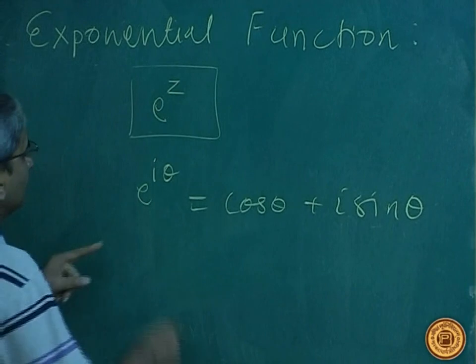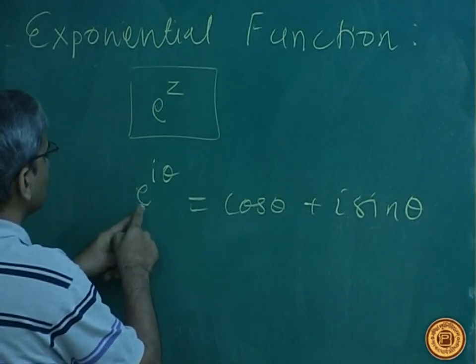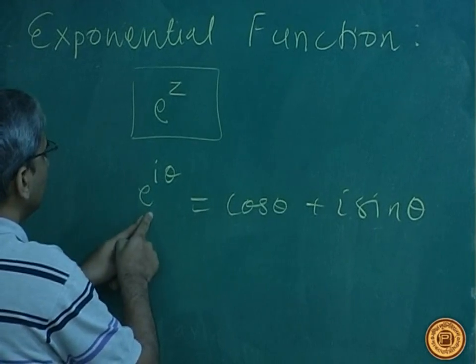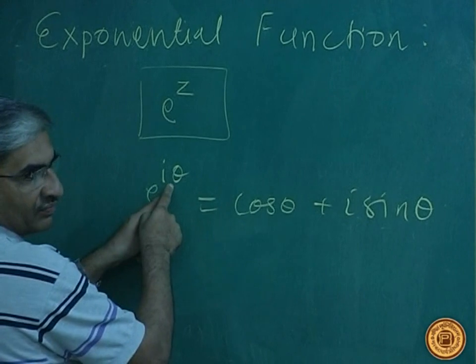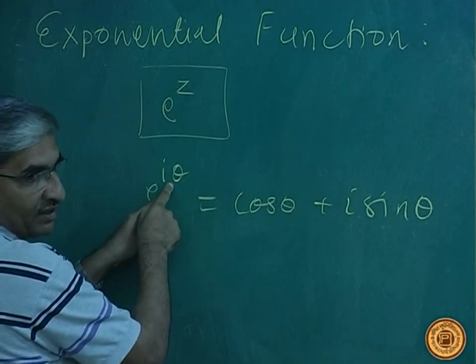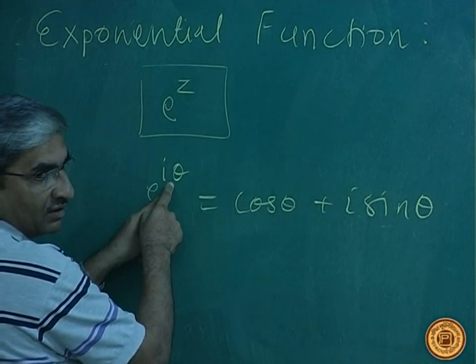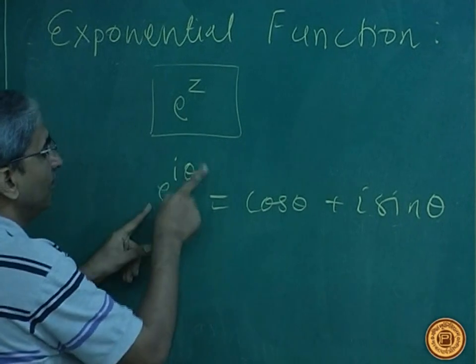But then how do we interpret this? Because the left hand side is e to the power a complex number. What is the definition of such a quantity? What do I mean by e to the power some complex number?